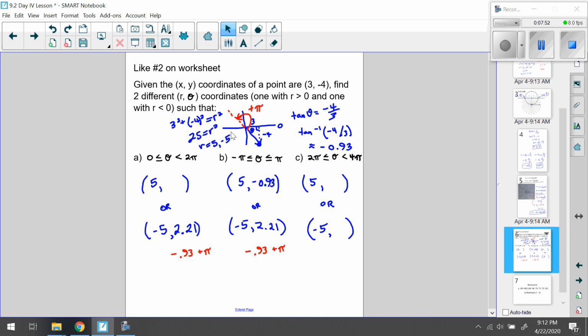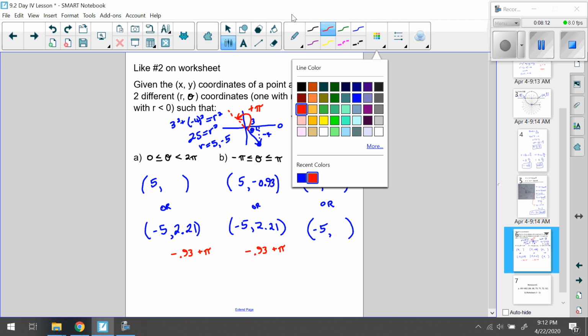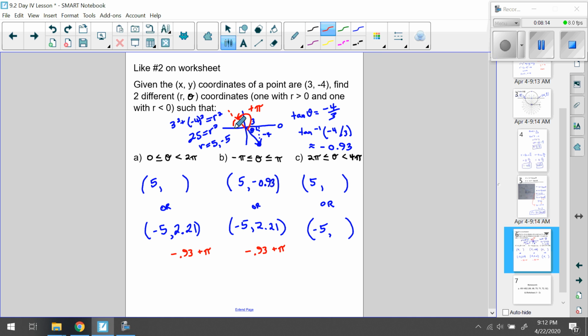And so we do, however, want to be pointing in this direction, because r is +5. So if r is +5, we need to land going this direction. And so what if we start with -0.93 and instead of adding pi, we just add one complete revolution? And so we just need to add another pi to that. Is that right? So another half a revolution to get here. So that would be another pi, at least from this spot, right?